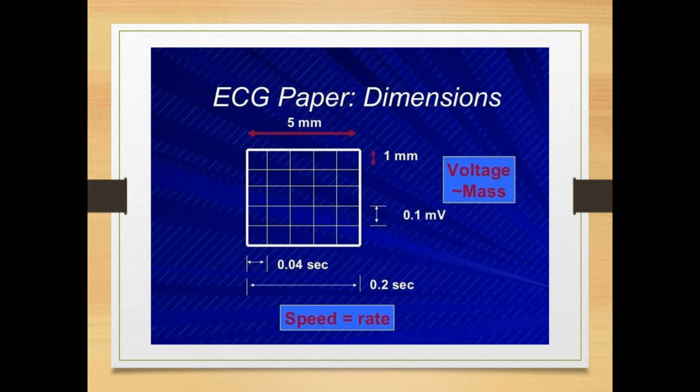And with relation to time, for one small square the time duration is 0.04 seconds. And for one big square, the time duration will be 0.2 seconds. So this you must keep in mind, because we will be calculating all the waves in the ECG in terms of their duration.